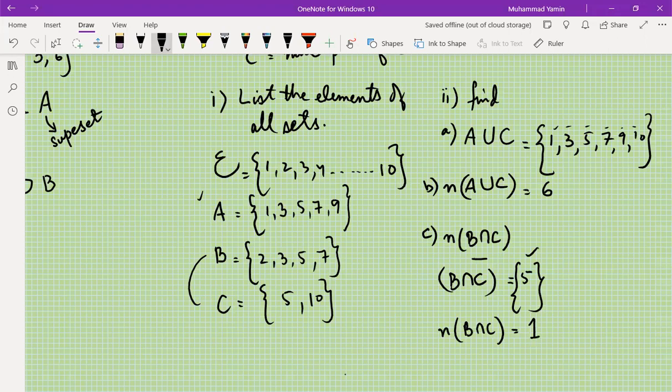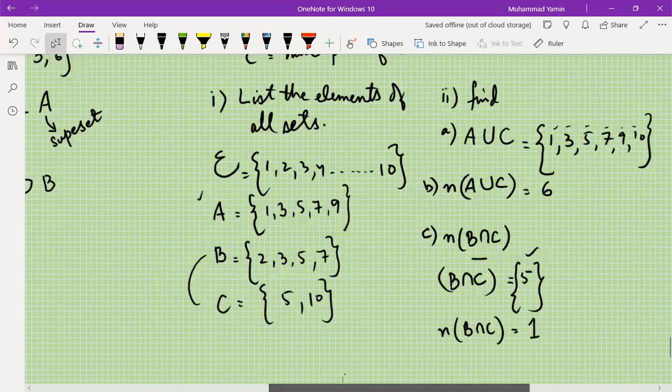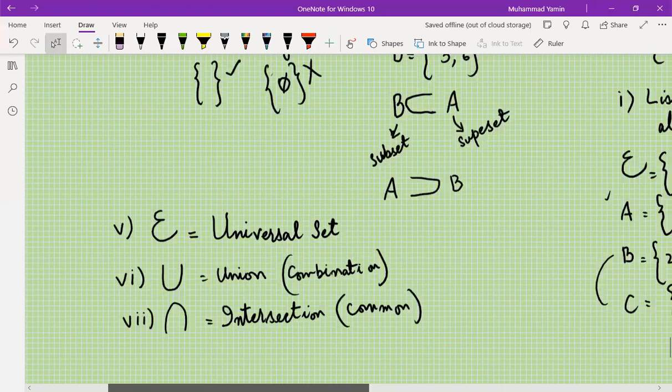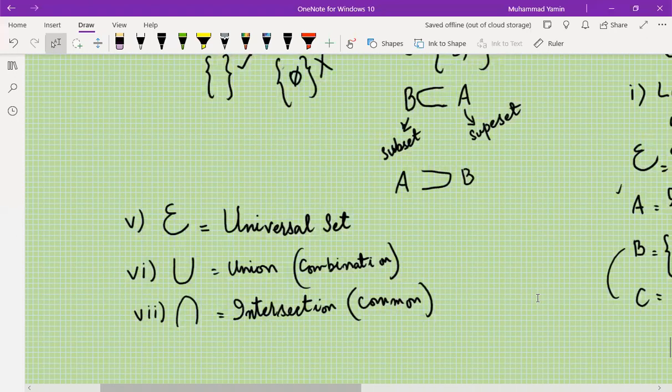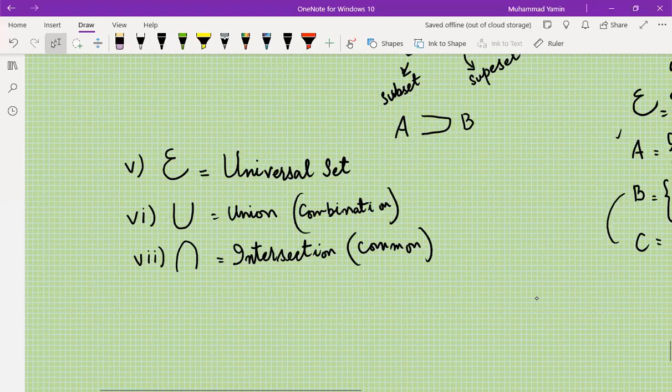Okay, so next one, and that is the last in the symbols. The symbol apostrophe is called complement.